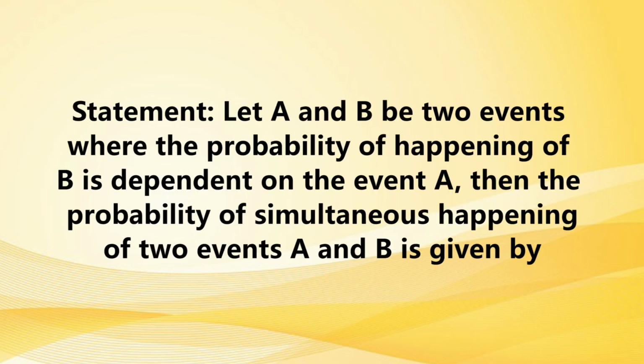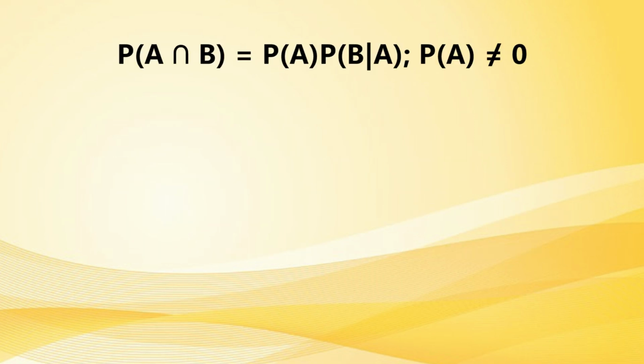Statement: let A and B be two events where the probability of happening of B is dependent on the event A. Then the probability of simultaneous happening of two events A and B is given by probability of A intersection B is equal to probability of A into probability of B given A.